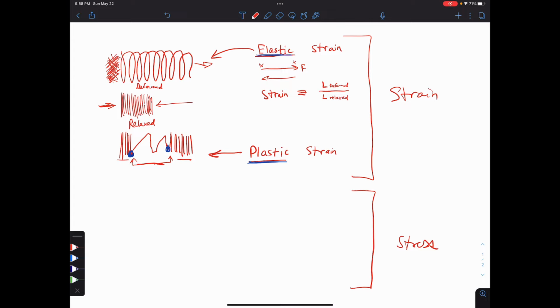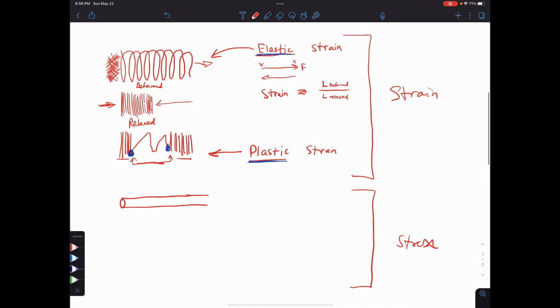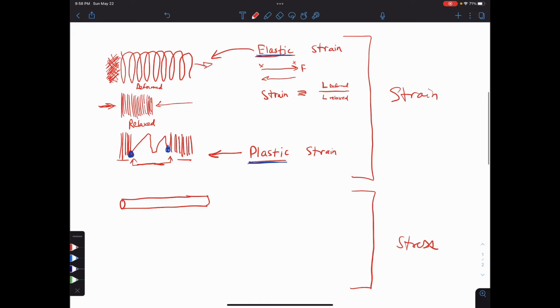So stress is when you have a material, and I'm going to be real simple here, it's a little bar, right? And that bar is held tight on one side and pulled from the other side, okay?